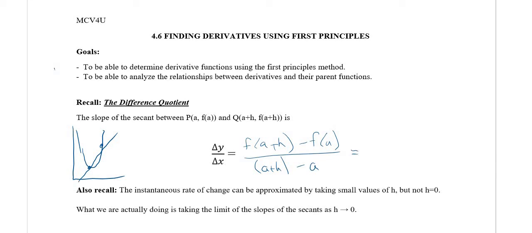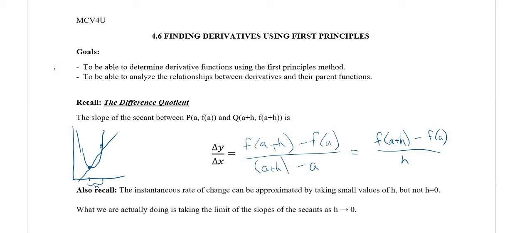But we said because we have an a and a minus a in the bottom, we can get rid of those and it just becomes h. So it becomes f of a plus h minus f of a over h. So that's a general formula for the slope of a secant, where h just represents the distance, the interval between those 2 points on our x-axis. So that's going to be h there.